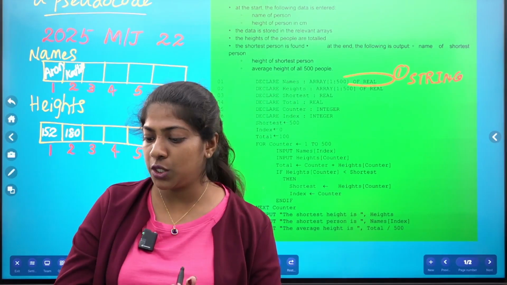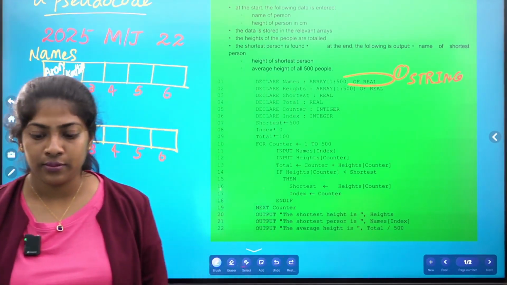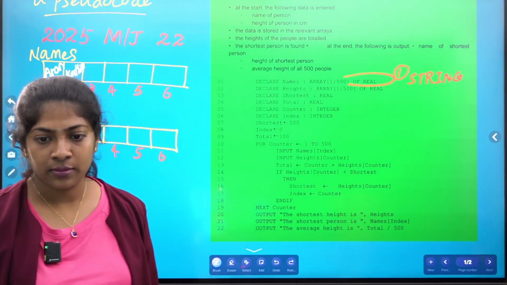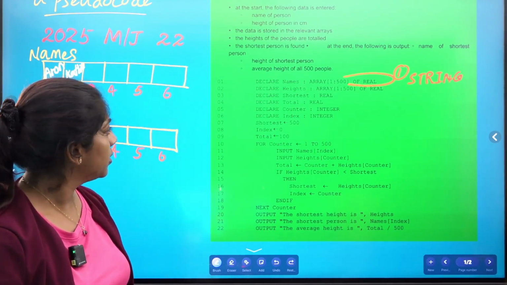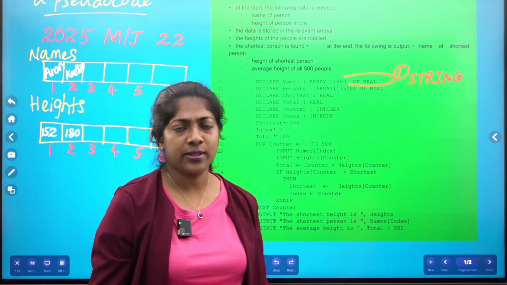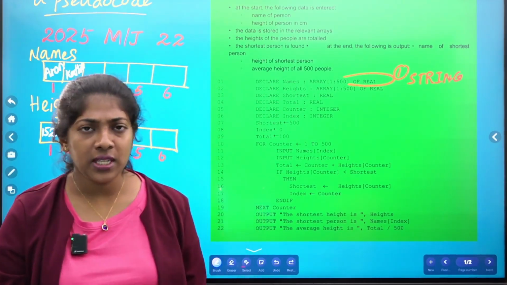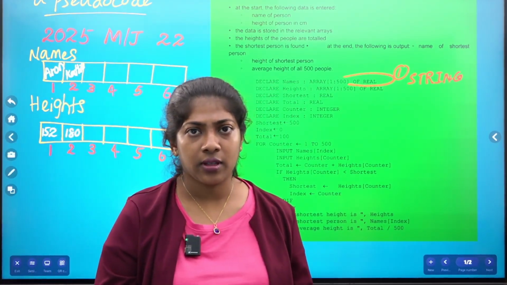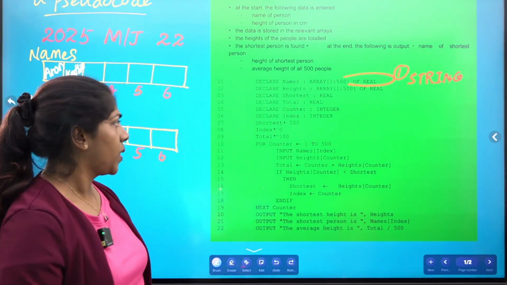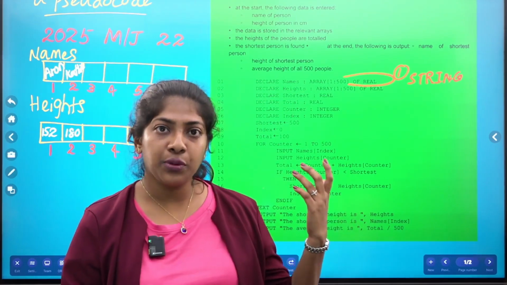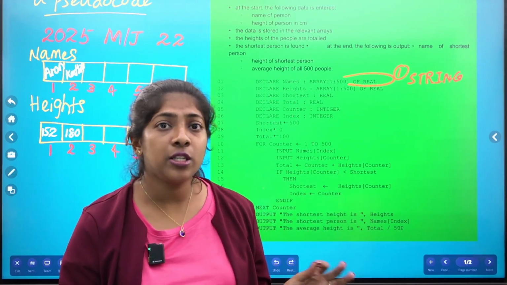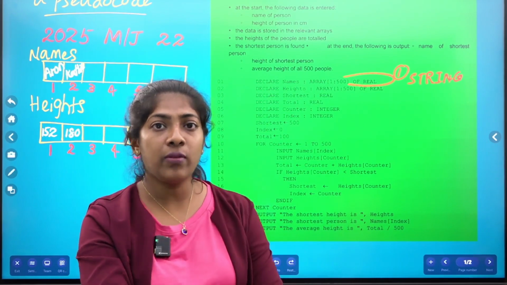Shortest equal 500. Do you see any issue there? No, right? I don't see any error there. Why? When we want to find the shortest value, we have to first initialize it to the maximum possible value.